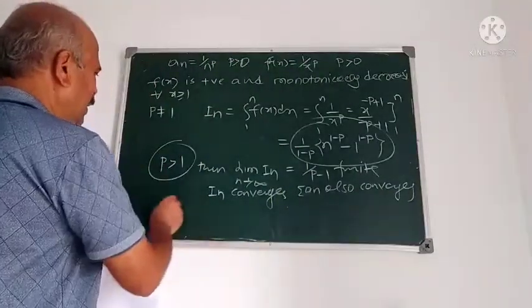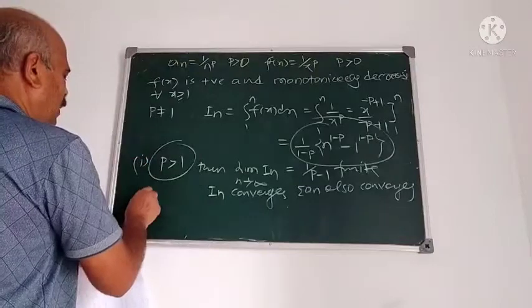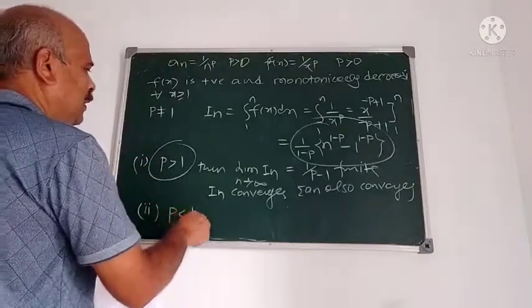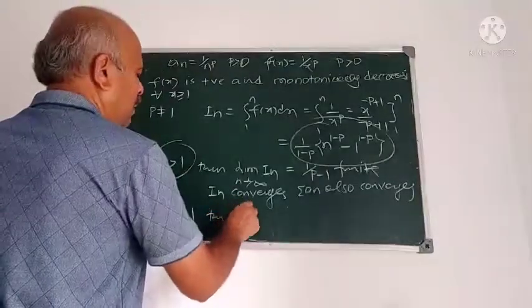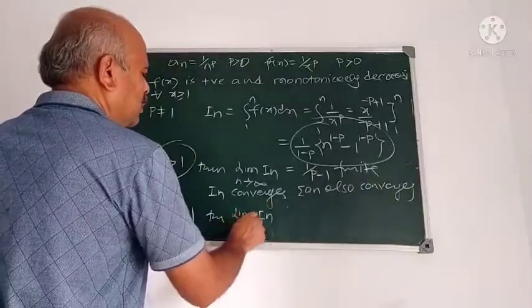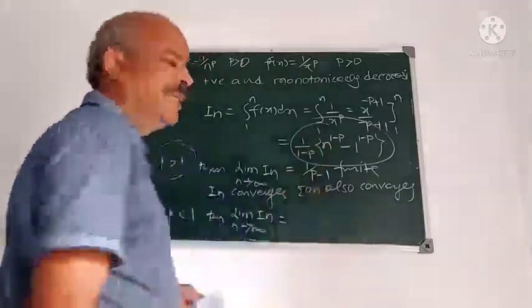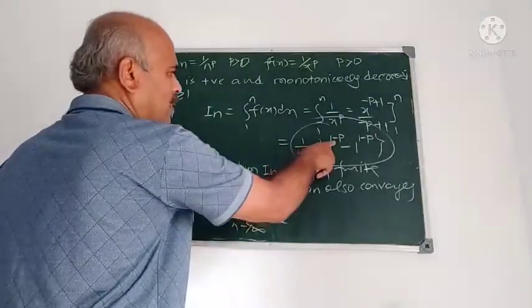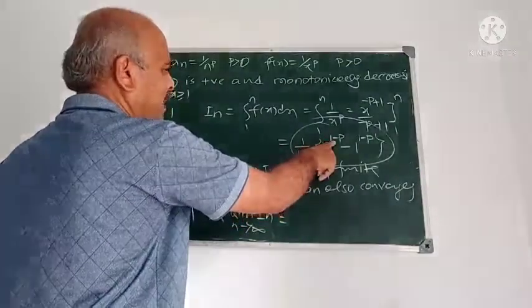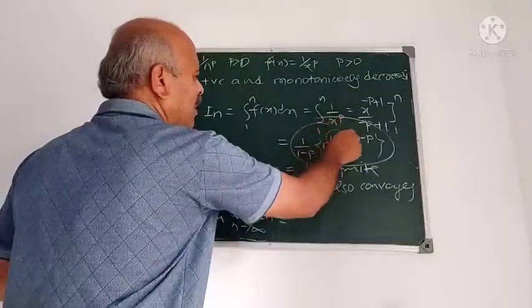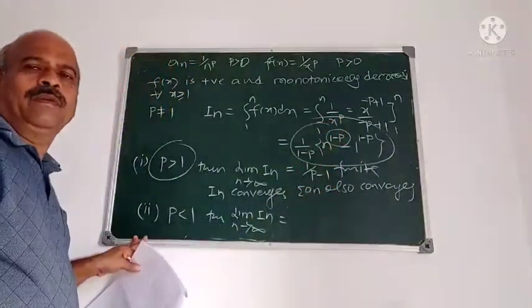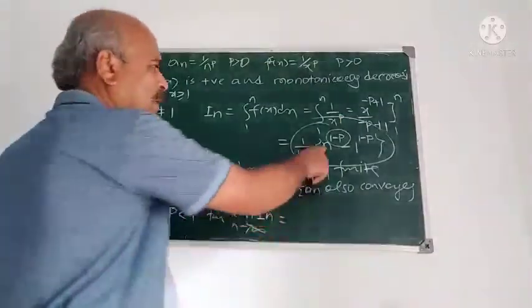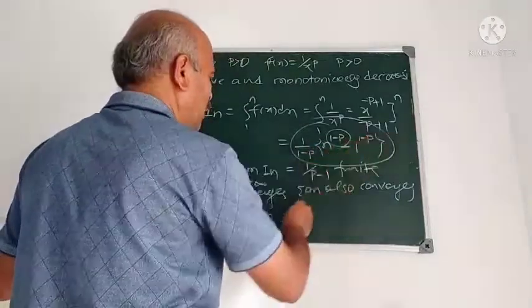Suppose p less than 1, then the limit as n tends to infinity. Now it is important. When p less than 1, this is I_n here, and this remains in the numerator. 1 minus p is positive, in the numerator, and this tends to infinity.